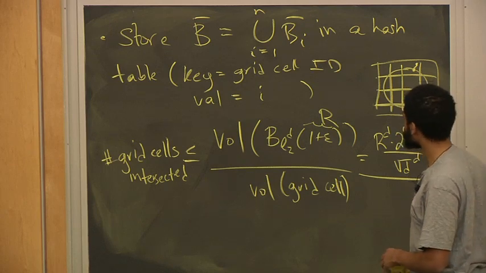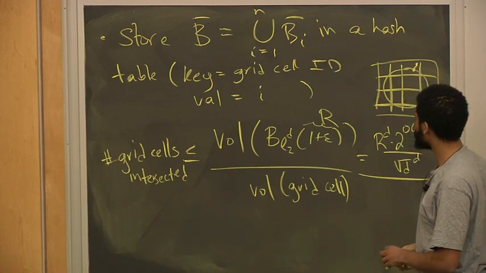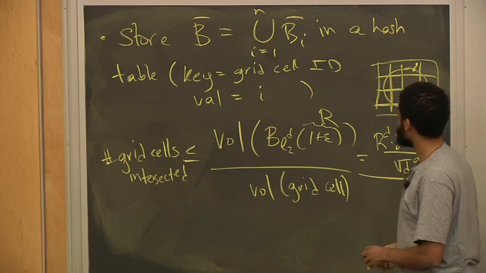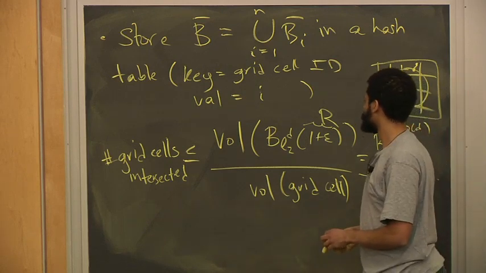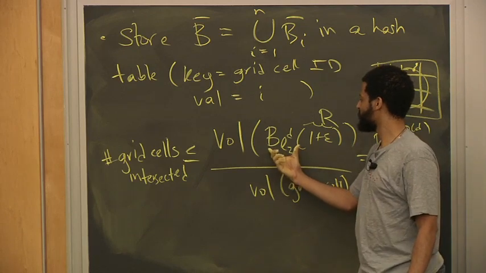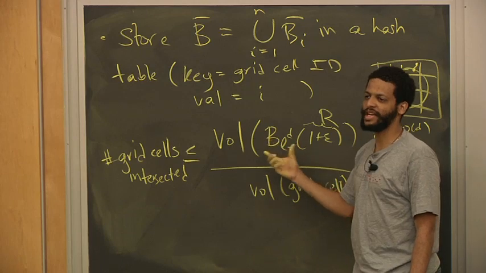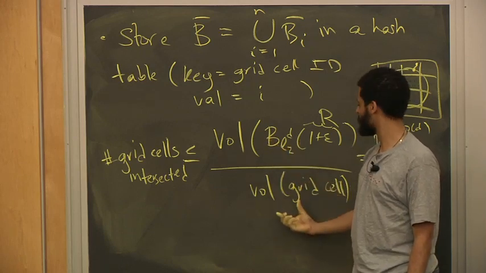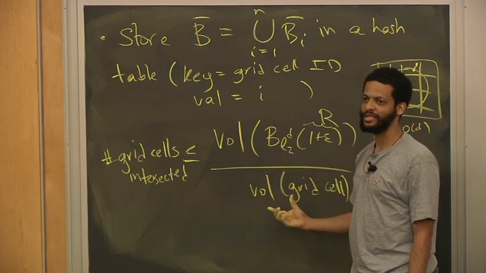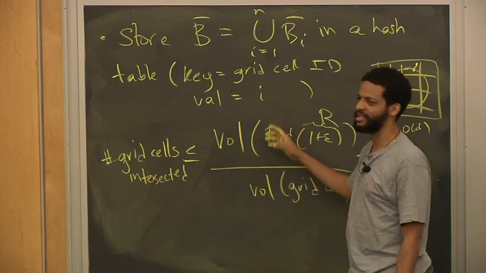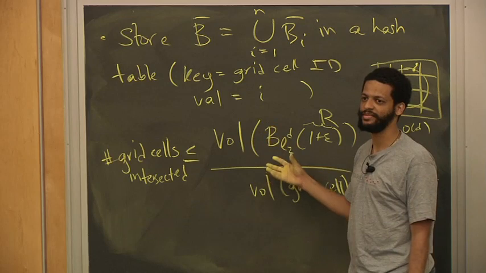The point is this shape right here contains all the grid cells. If it contains all the grid cells, its volume has to be bigger than the volume of the union of all the grid cells. So how many grid cells can it contain? It's the ratio.